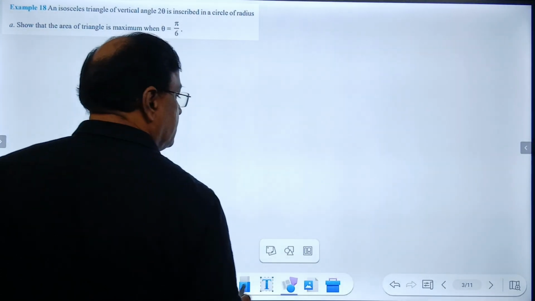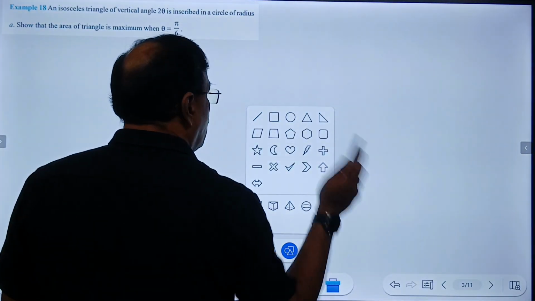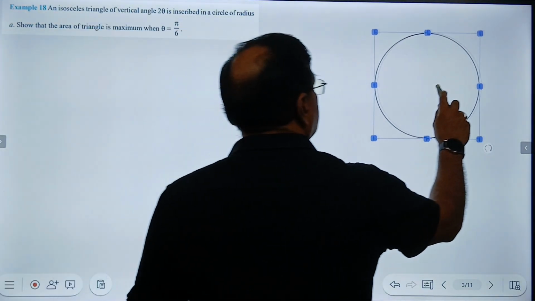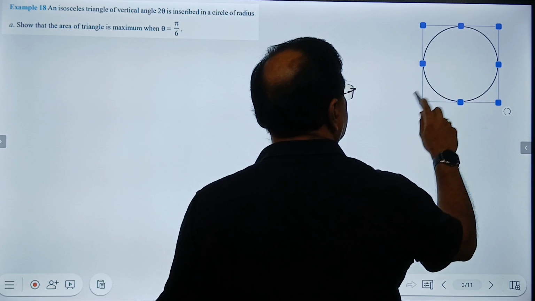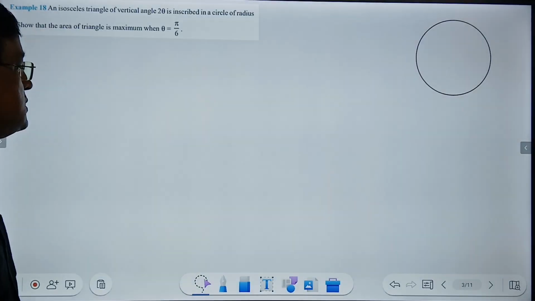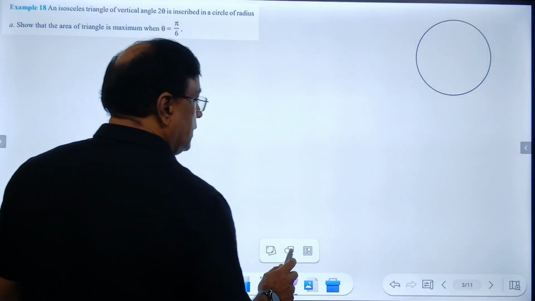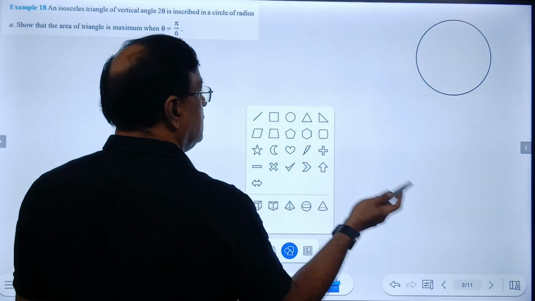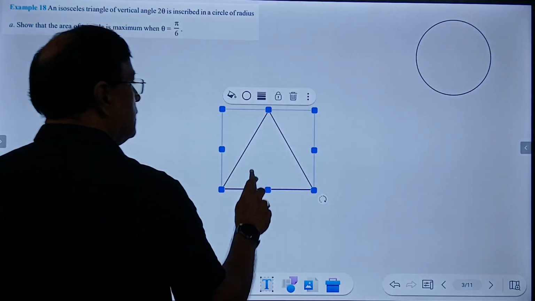So first I will draw the circle because circle is going to be a constant. An isosceles triangle is inscribed. So I will take an isosceles triangle. So I prefer to choose this.